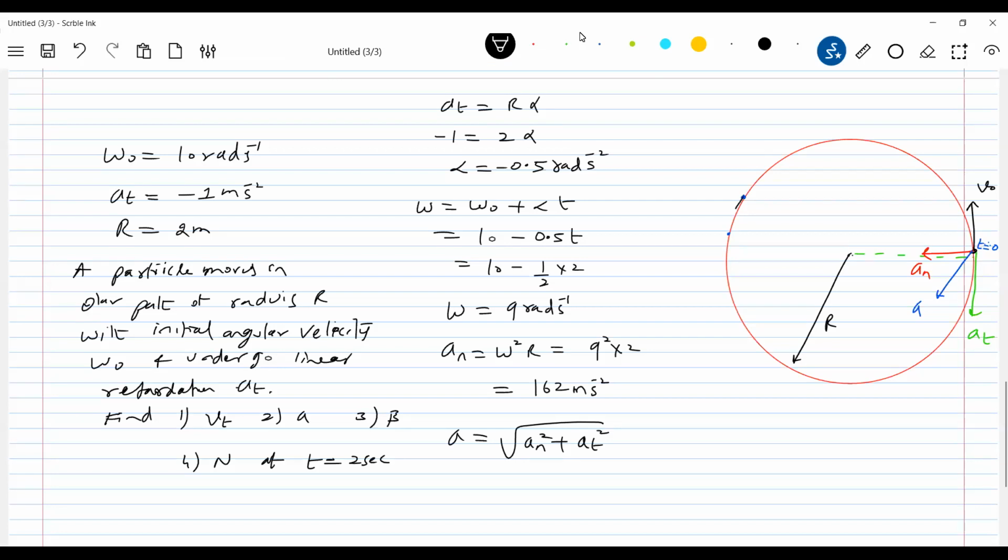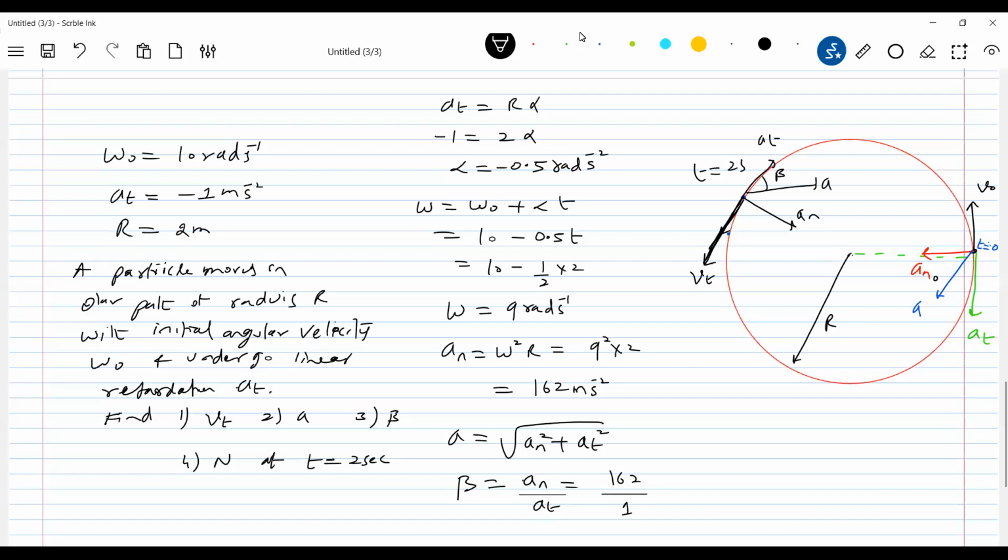Then somewhere after some time, it will be having V tangential, A tangential, A normal. This will be A tangential. The total acceleration vector will be like this, and this should be the beta. This is the initial angle, you write it better. This is at any time, or say t equal to 2 seconds. So what is beta? Here also the same formula, nothing will change. Tan beta equals A normal by A tangential. So what is the value of A normal? 162. A tangential is 1.